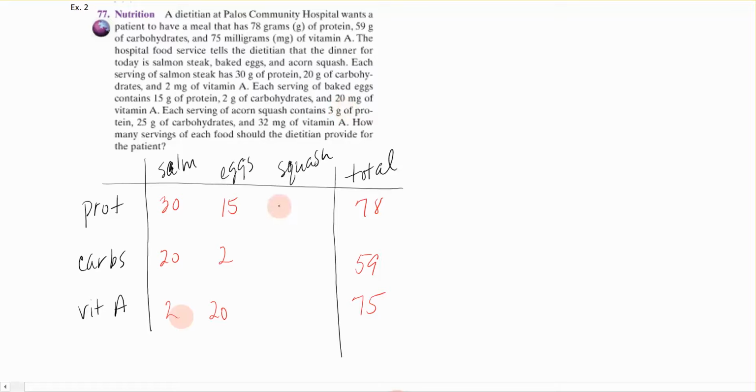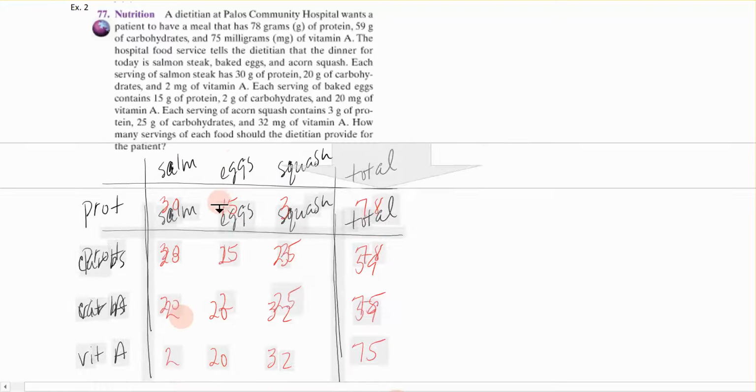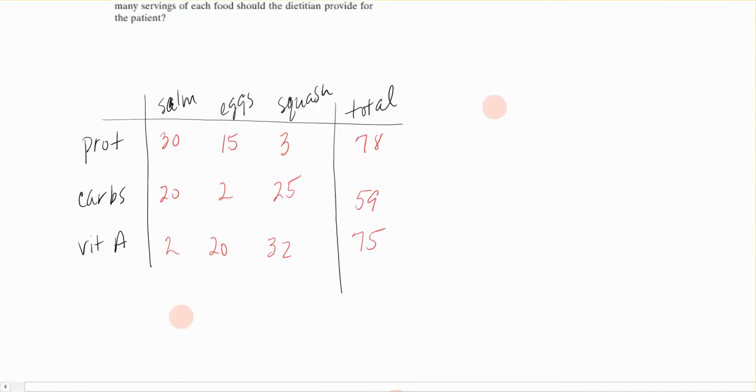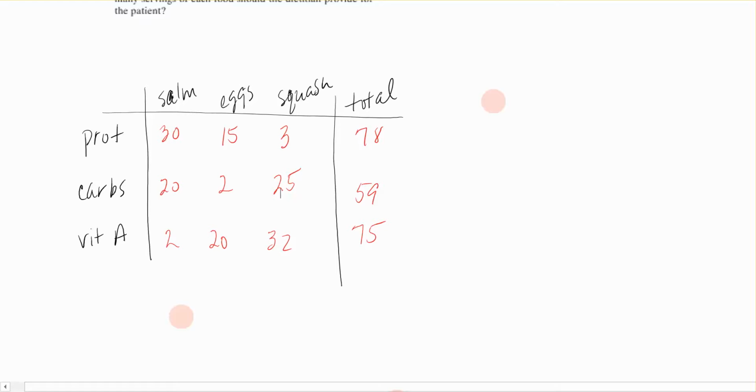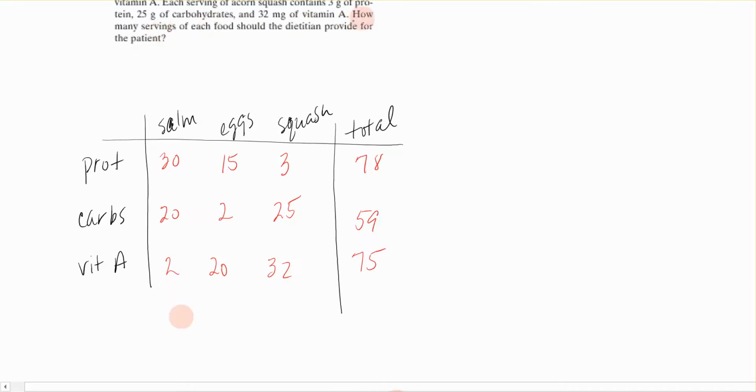Squash is going to contain 3 grams of protein, 25 grams of carbohydrates, and 32 milligrams of vitamin A.